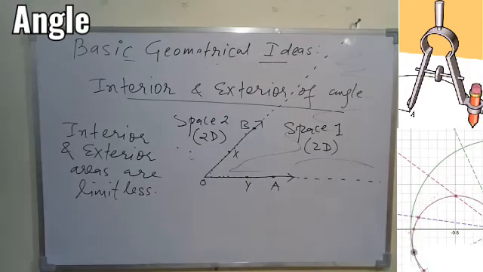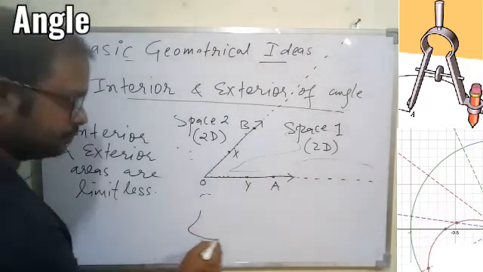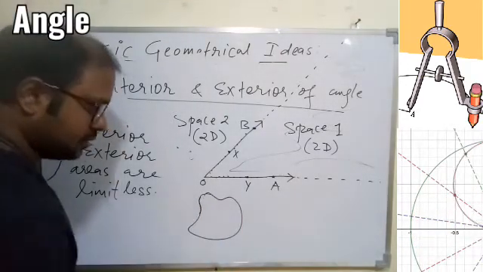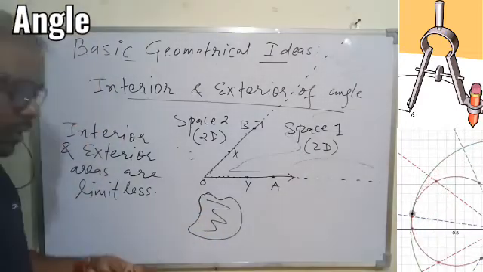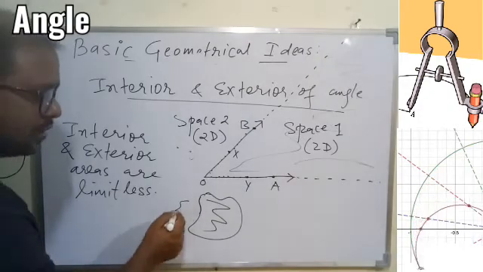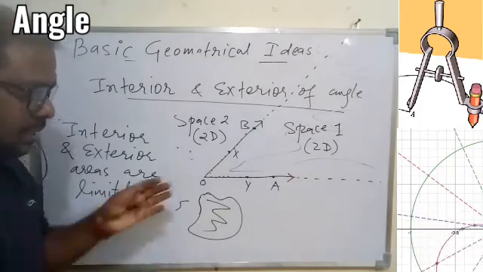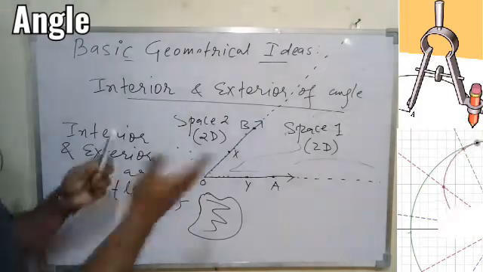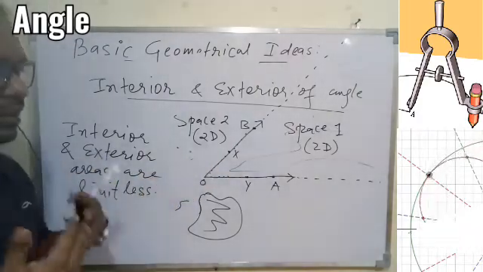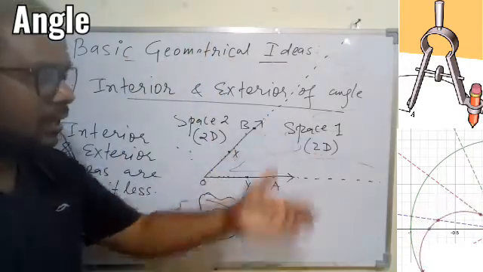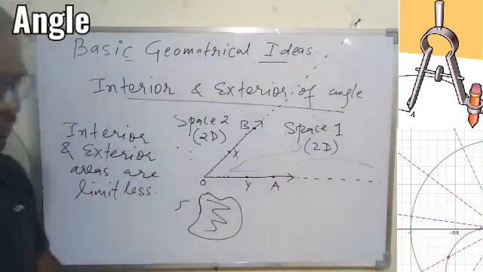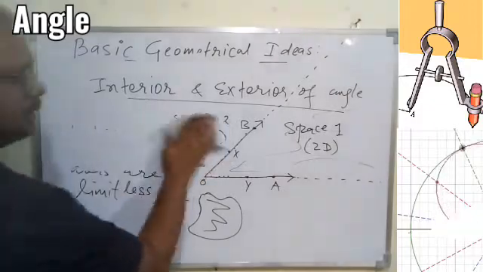Okay, but that is not so with the closed curve. If you remember, if you talk about a closed curve, within this the area is limited. Okay, and outside the area may be unlimited, but here in the case of the angle, both the areas or spaces are unlimited, because there is no limit for the length of the rays which are shown here to you. Okay, so I hope you understood this much.